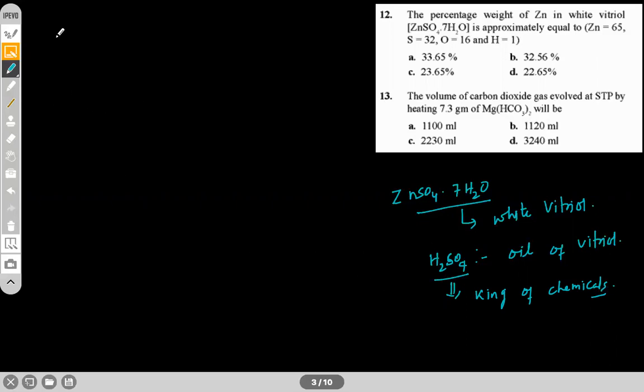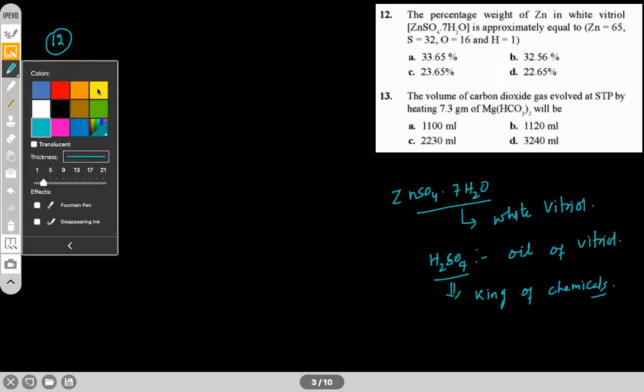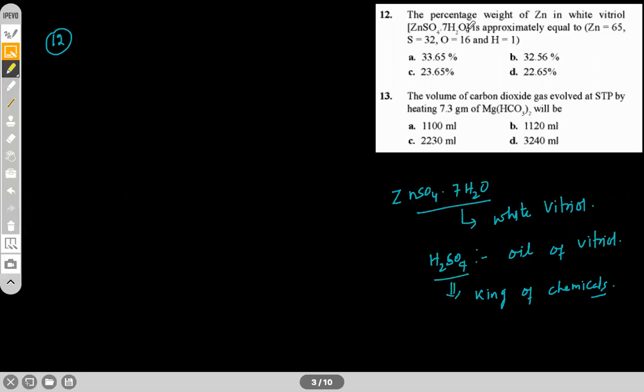Now, what is this question all about? You see this question, the first one, question number 12. It says the percentage weight of zinc in ZnSO4.7H2O. So we know the weight of zinc is 65, given in the question. So we'll find out the molecular mass first of all.